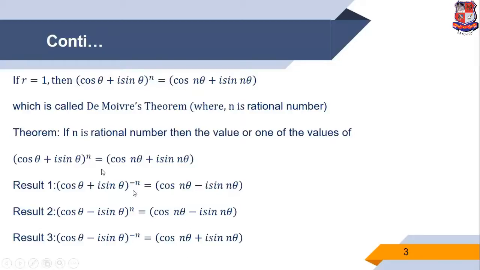Because here we use minus n, cos of minus n theta is cos n theta, but sin of minus n theta is minus i sin n theta. If minus n, cos of minus n theta is cos n theta, and sin of minus n theta has minus times minus giving plus, so plus i sin n theta.